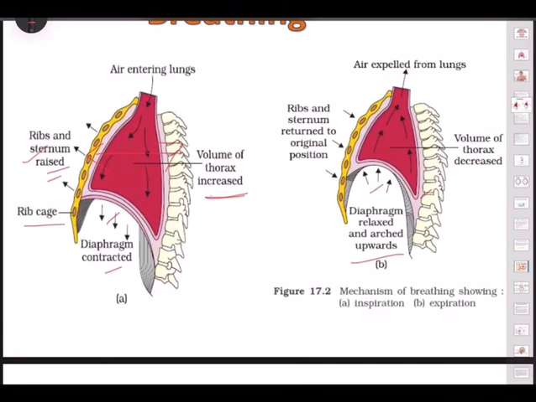You can see it is coming in reverse, to the normal position. And this makes the thoracic volume get reduced, and thereby the pulmonary volume also gets reduced. This leads to an increase in intrapulmonary pressure to slightly above the atmospheric pressure, causing expulsion of air from the lungs. You can see the arrow marks. And this expulsion of air from the lungs is expiration.